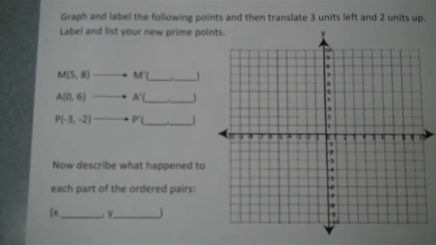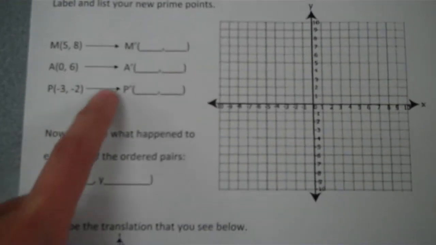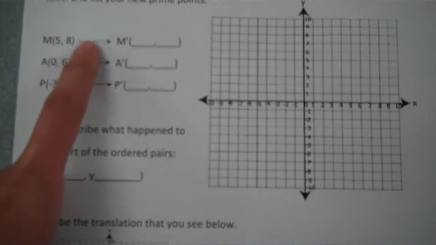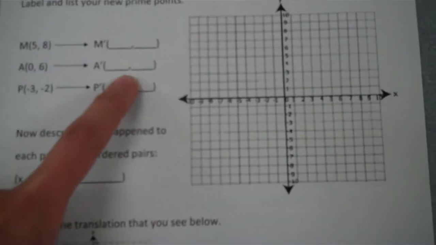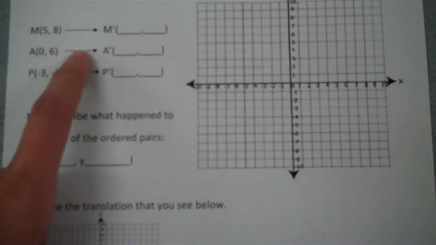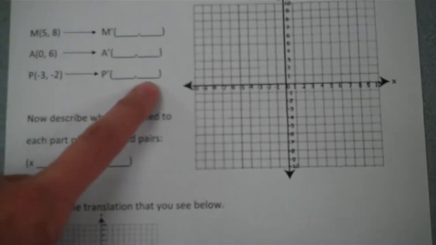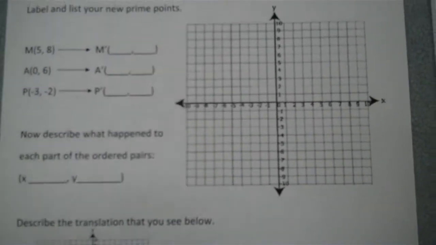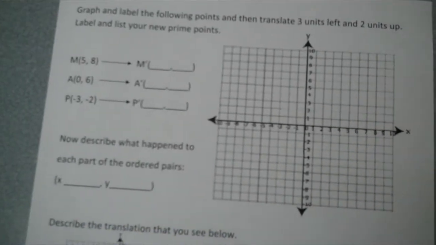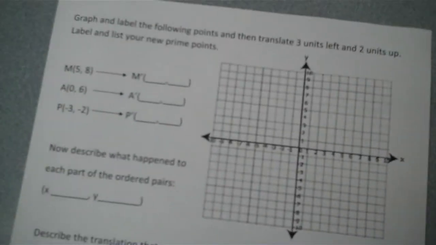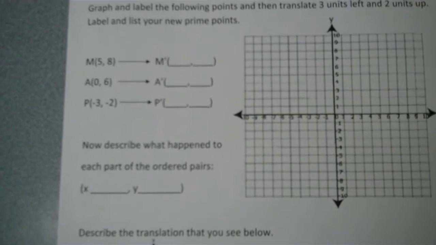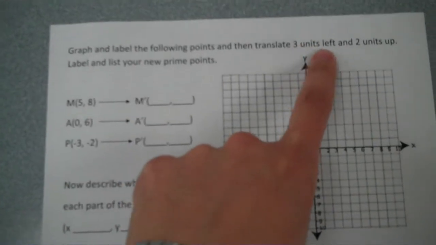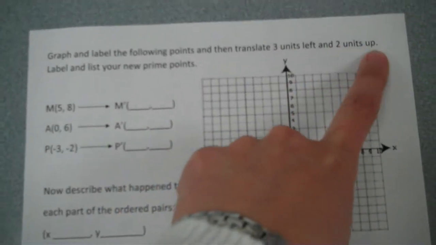See if you can go through and list the coordinates for M, A, and P, M prime, A prime, and P prime, the pre-image and the image. Okay, this time the shape is moving 3 units left, 2 units up.